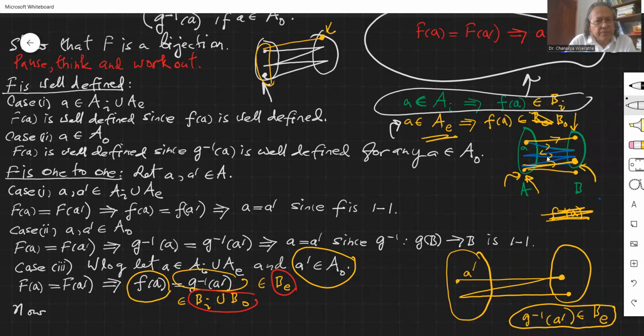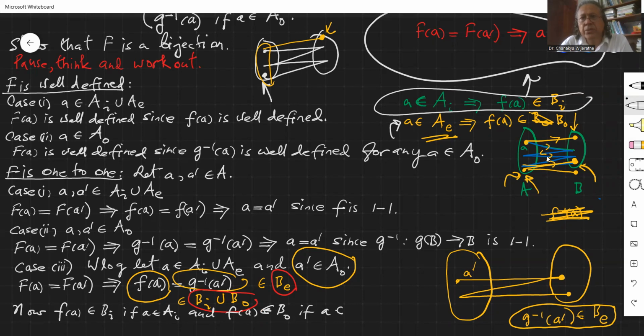Now, f of A belongs to BI if A belongs to AI, and f of A belongs to BO if A belongs to AE.